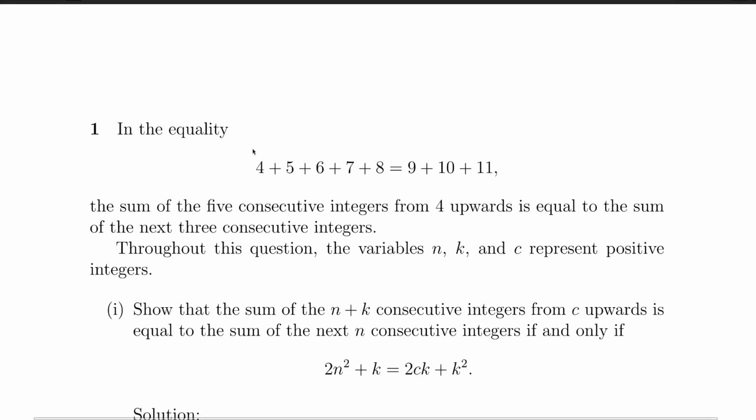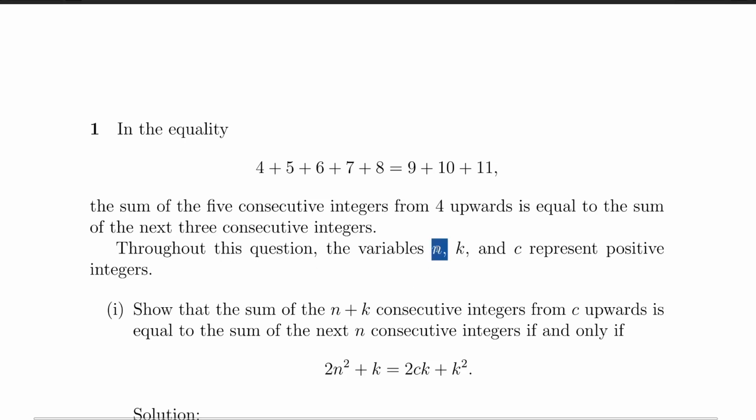So they give us this equality, right? Which is basically just an example of what they describe in the first part of the question, which is good because when you're given an example, it helps you understand a bit more about what is going on, and it helps remove any misunderstandings, I guess, or helps clarify things.